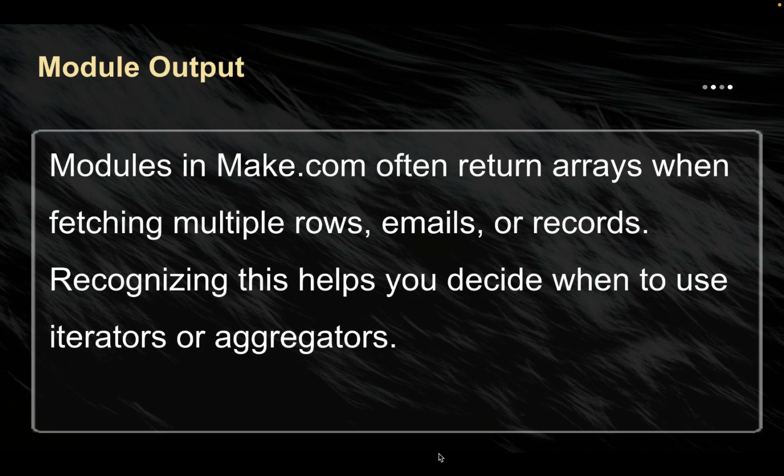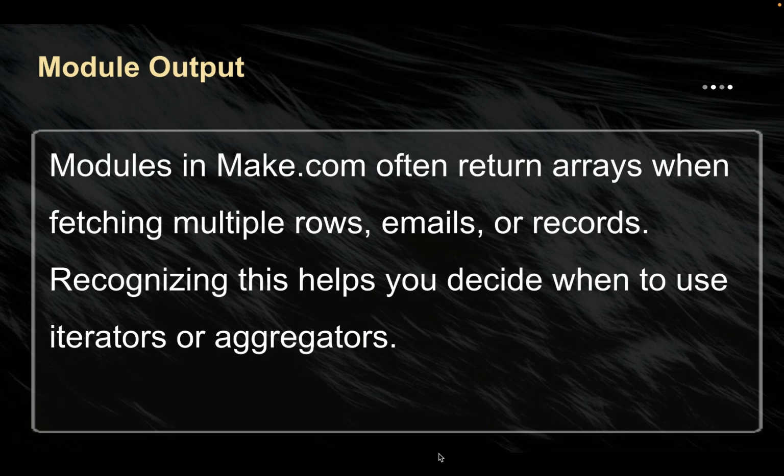Module output. Modules in Make.com often return arrays when fetching multiple rows, emails, or records. Recognizing this helps you decide when to use iterators or aggregators. Now, when you're trying to fetch data from, let's say, an Airtable base or a Google Sheet, usually you are either getting a single entry or you want to get multiple entries.